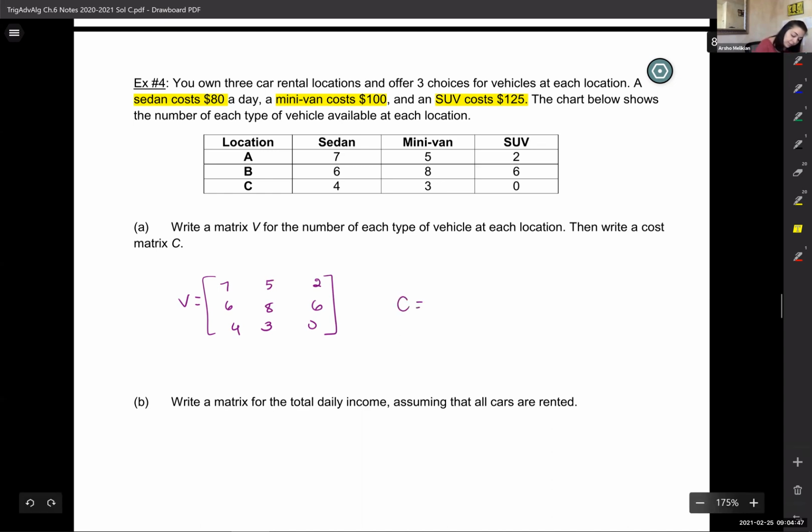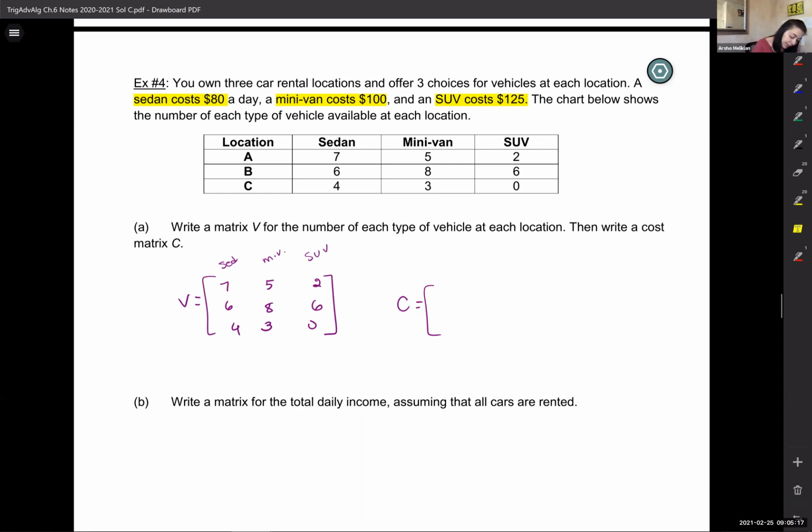And then the cost matrix C is this. It's how much each one costs. But now you have to mind the order here. You see how here this was a sedan and a minivan and an SUV? When you write the cost matrix, how much each costs per day, go in the same order.